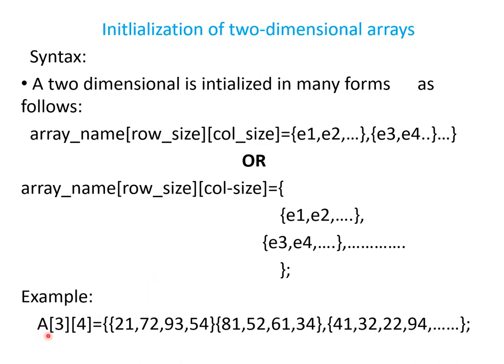Example: array name a, row size 3 and column size 4. These are the elements, as many as you want. It will take 4 columns first, column 1, column 2, column 3, column 4, and automatically it takes the row size of 3 rows.